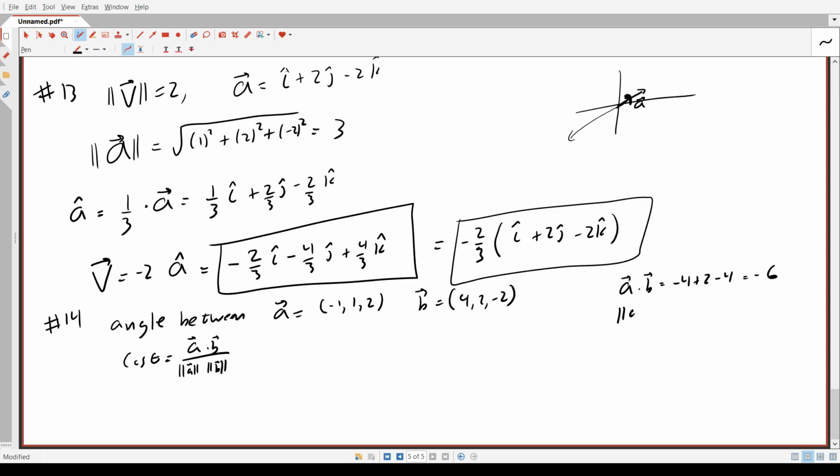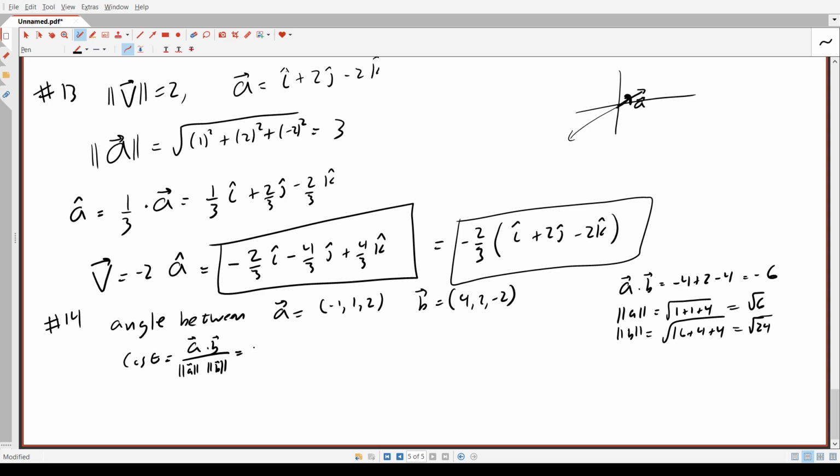Okay, the norm of A, that's going to be square root 1 plus 1 plus 4, it's root 6. And then norm B is 16 plus 4 plus 4, which is root 24. Okay, yeah, I see how this works.